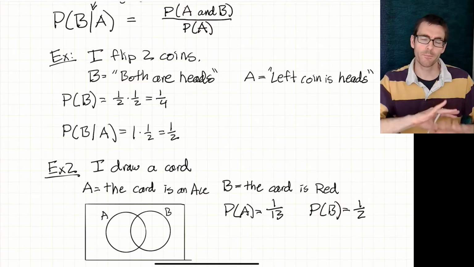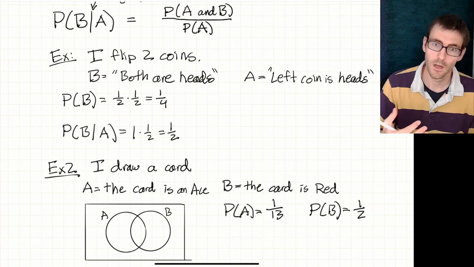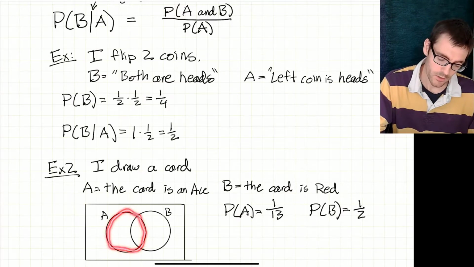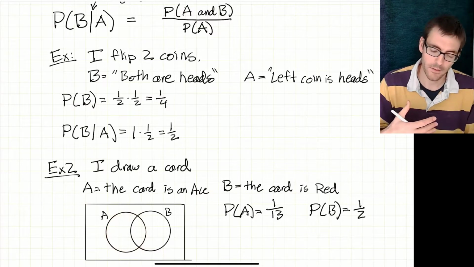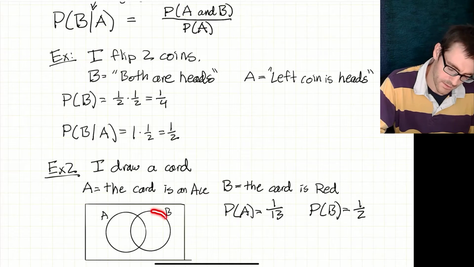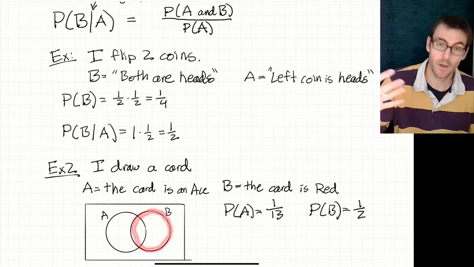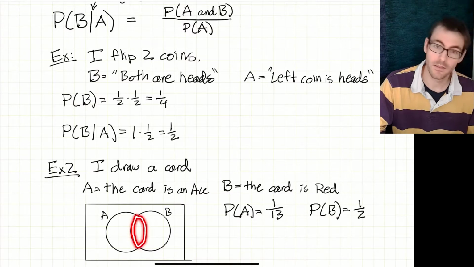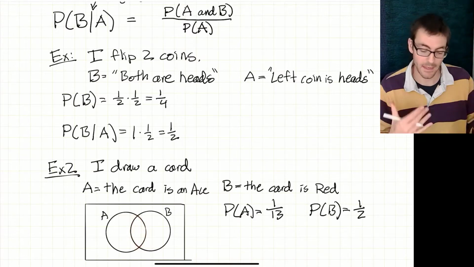Okay. I want to break this up a little bit more. I want to use this Venn diagram to represent what's going on. So this circle A should represent all of the situations where the card is an ace, whereas the whole circle B is the situations where the card is red, and then the overlap is going to be the situation where the card is a red ace.